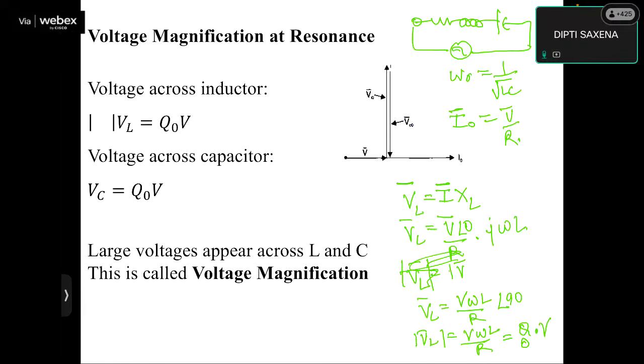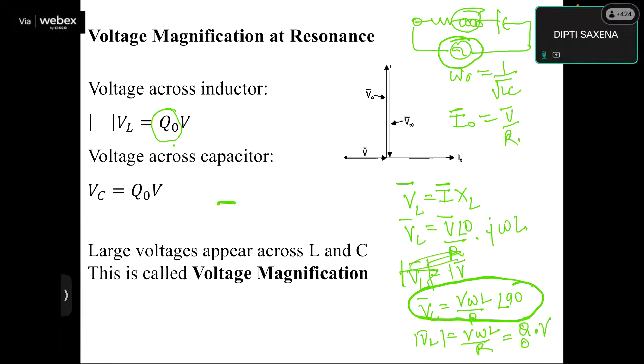Now look here, the voltage across the inductor is amplified by a factor of Q0. That is, you applied a source voltage of V and the voltage across the inductor is amplified by a factor which is the quality factor. Now what is the angle of this? The angle is plus 90 degrees.